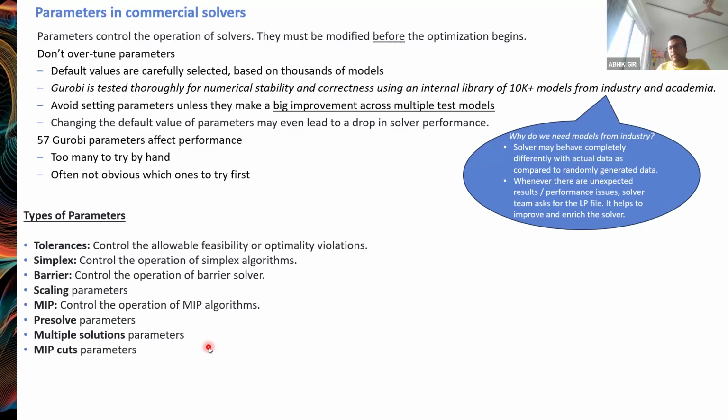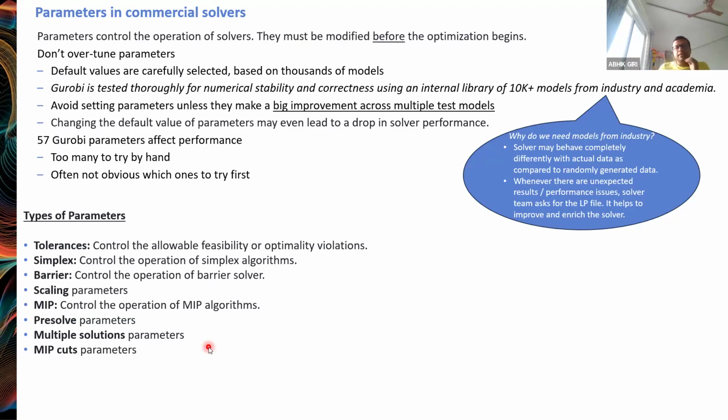But in case you feel that for a particular problem structure that you have, a certain solver parameter needs to be modified, then you can modify it before the optimization begins. Another point is there are hundreds of these parameters, and obviously you cannot try each of them one by one. And if you are changing multiple parameters, there can be multiple combinations of parameter values, so you don't know which one would work best.